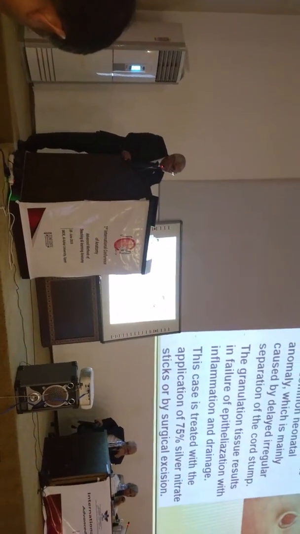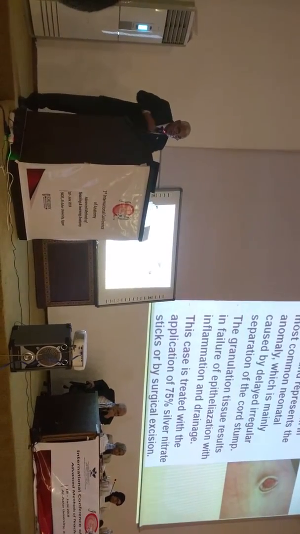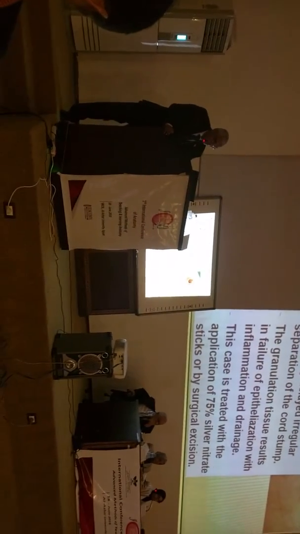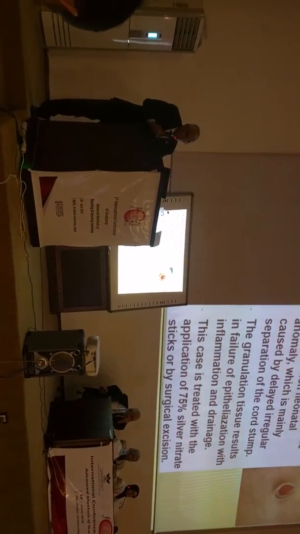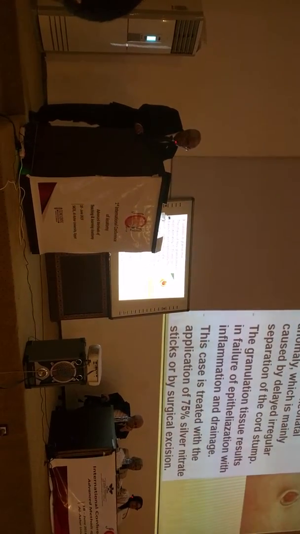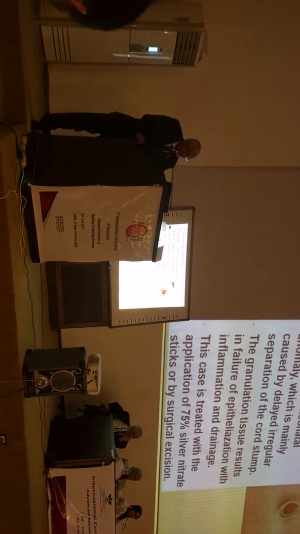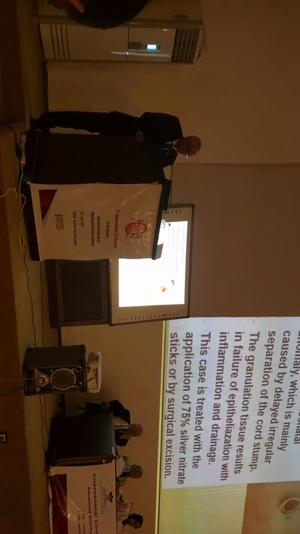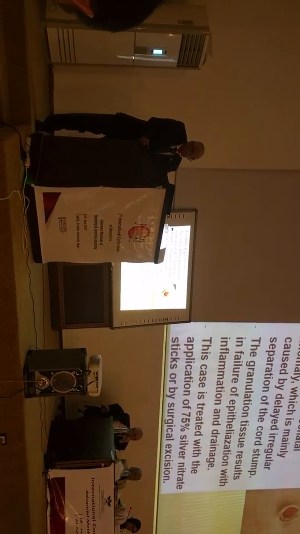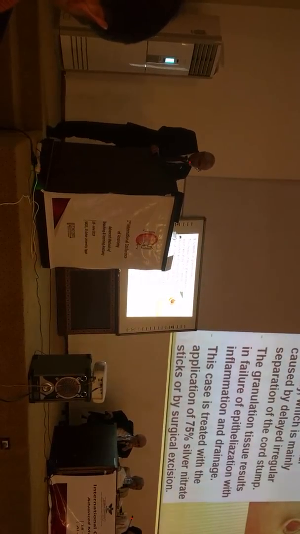Irregular separation results in granulation tissue due to uncovering of the raw surface area after separation by the epithelium. Still, some areas after separation of the stump are without epithelium. The case is treated with silver nitrate 75% or surgical ablation.